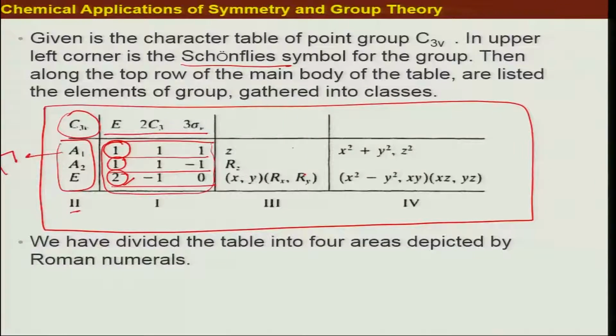X, y, z are the Cartesian coordinates, and these r's are the rotational symmetries with respect to each axis, which is given as the subscript. So, about x axis, if the rotation is there, then I have rx, otherwise ry or rz. Fine.